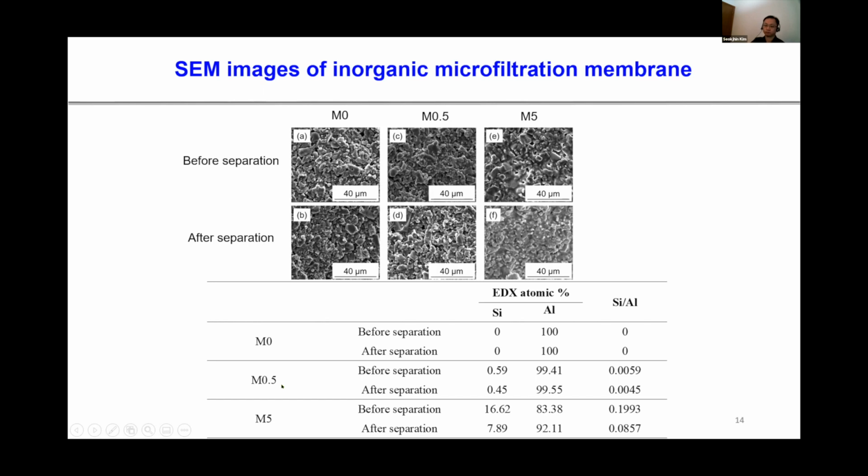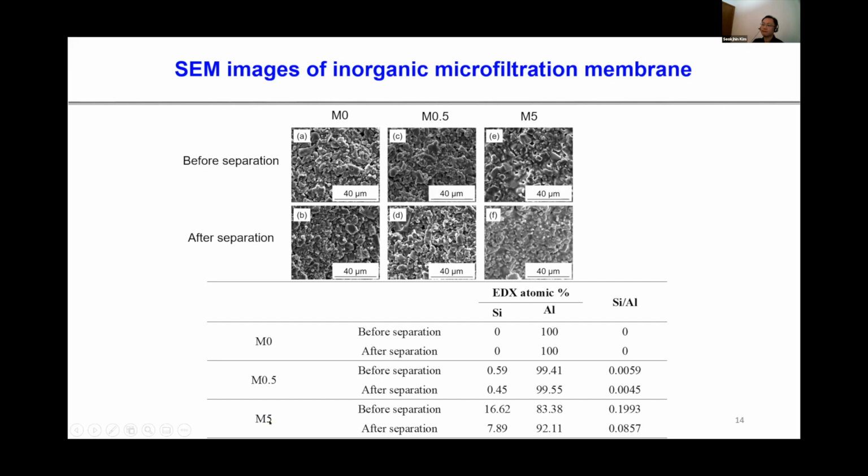In the M.5 membrane, it was found that before separation, silicon content is around 0.6%. After separation, silicon content decreased to 0.45%, which means that silicon was slightly reduced, but still the majority of silicon nanoparticles remained on the membrane during and after oil-water separation.